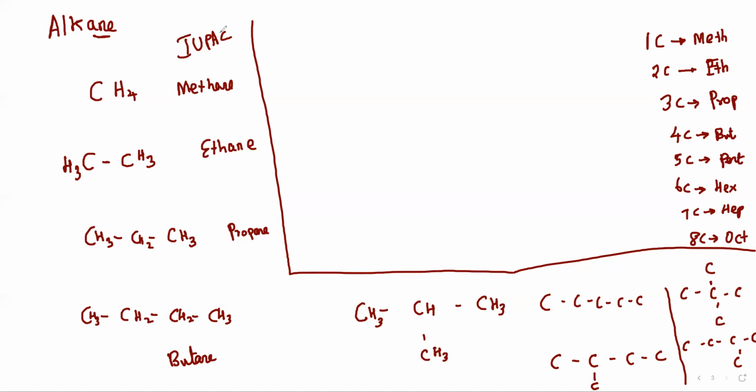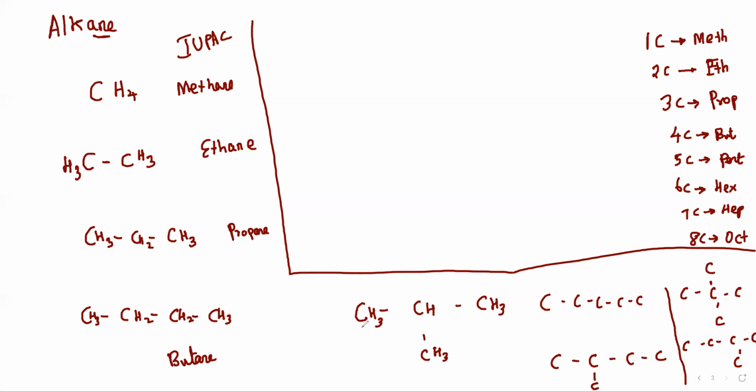IUPAC stands for International Union of Pure and Applied Chemistry. So they decide the name. There are 2 kinds of naming: one is IUPAC naming and another one is the general name, the common name.